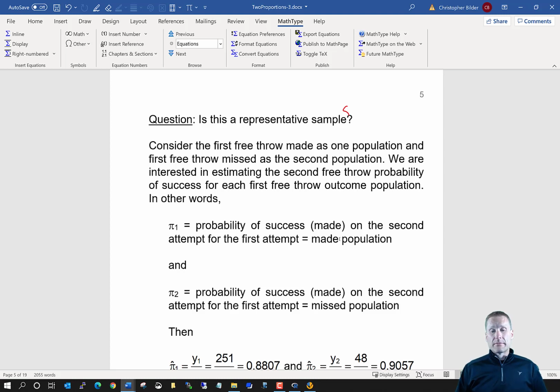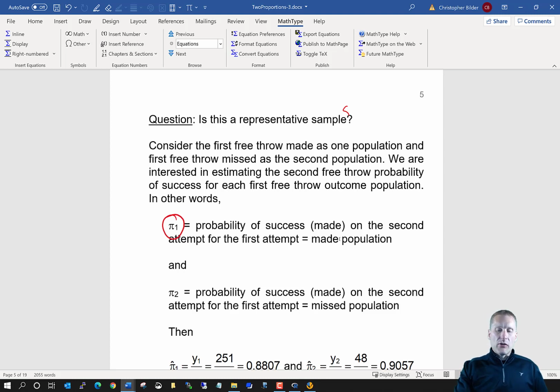Okay. So we're going to let pi1, and we have to be a little bit careful about the wording because we have a first free throw attempt and a second free throw attempt. It's either made or missed, or you could say success or failure. We're going to let pi1 be the probability of success, meaning you make it on that second attempt, for the cases where the first attempt is made.